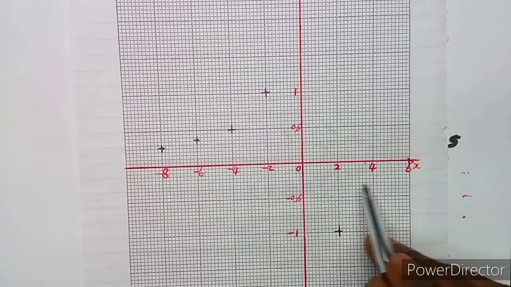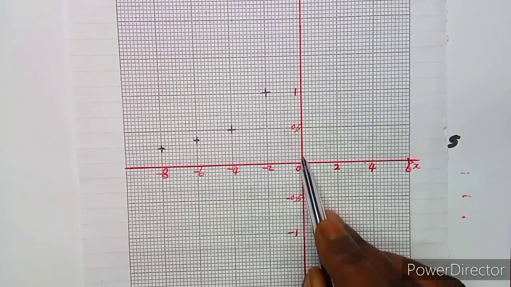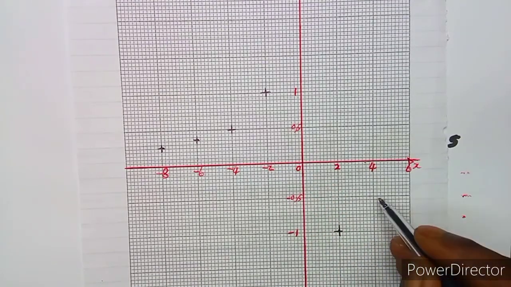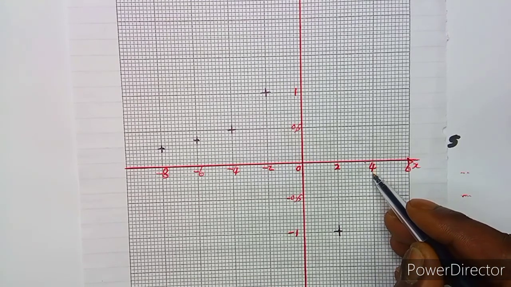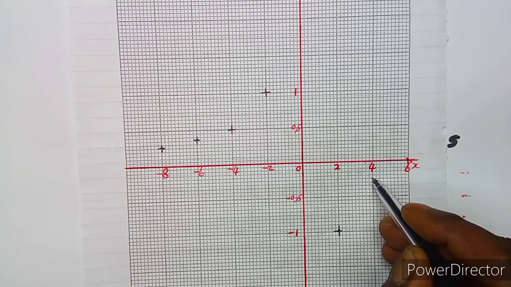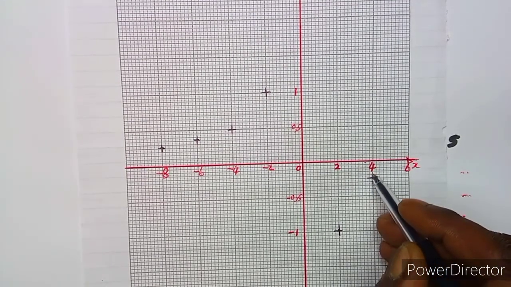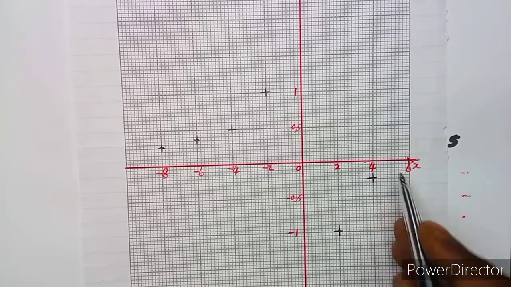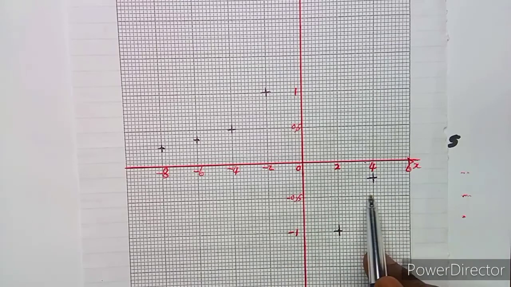Remember 0.25 is in between 0.5 and 0, but this one is negative, so I'm just going to count down 1 2 3 4, just in between somewhere here. That is where I'm having it, in between minus 0.5 and 0. It's just in between the two lines.